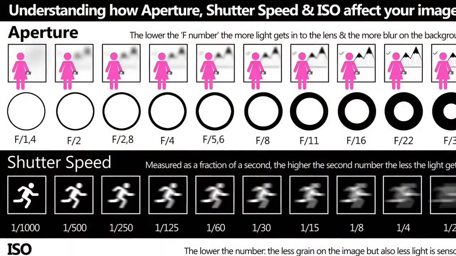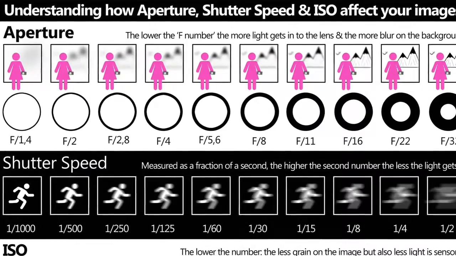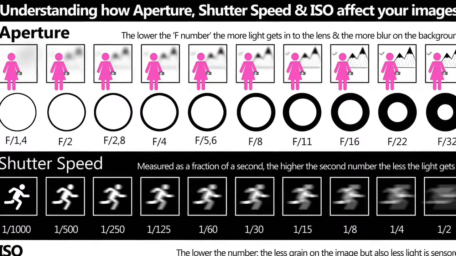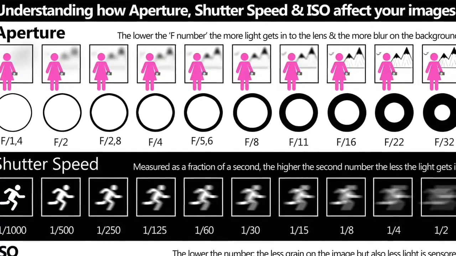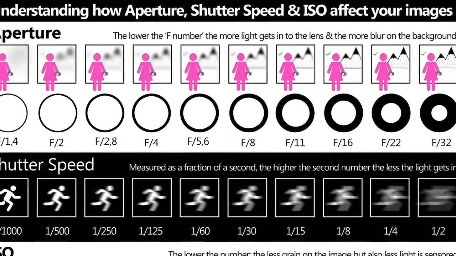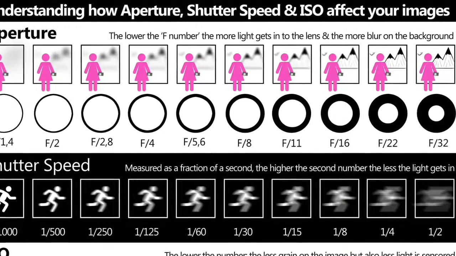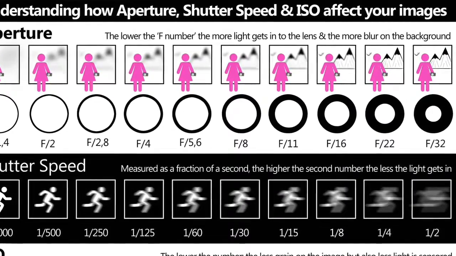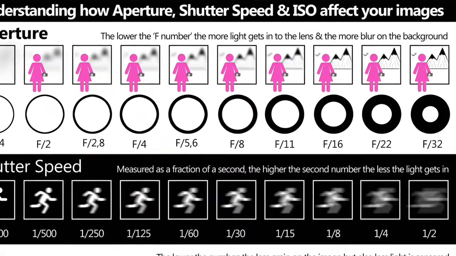The pink person in the foreground, blurry mountains in the background with a very low F number. Go up to the other end, I think it goes to F32, and you can see the in focus subject in the foreground because you've focused on them. In the background the mountains are also in focus because you've got a high F number, very broad depth of field, everything's in focus. Look somewhere in the middle, you can get everything a little bit out of focus in the background.